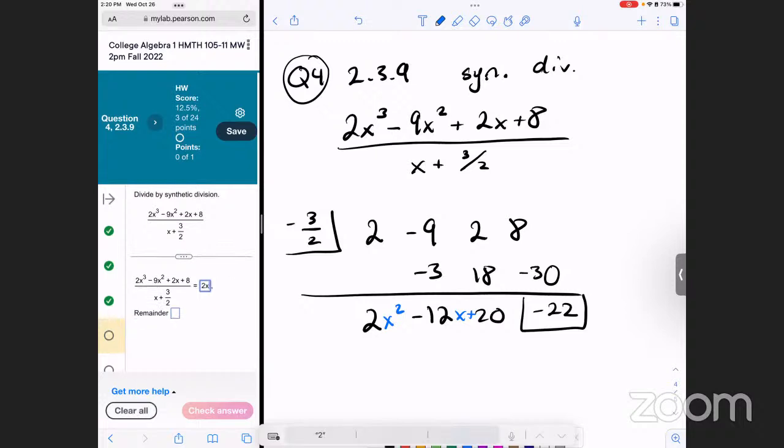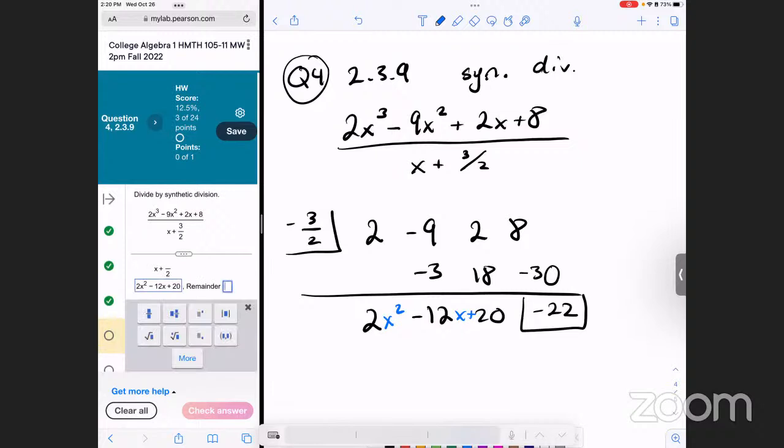So we got 2x squared minus 12x plus 20, and the remainder is -22. Let's go with that.